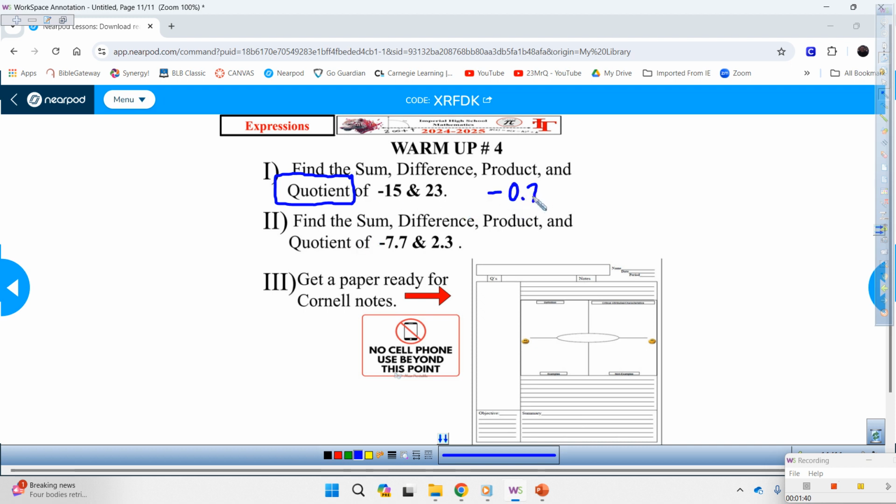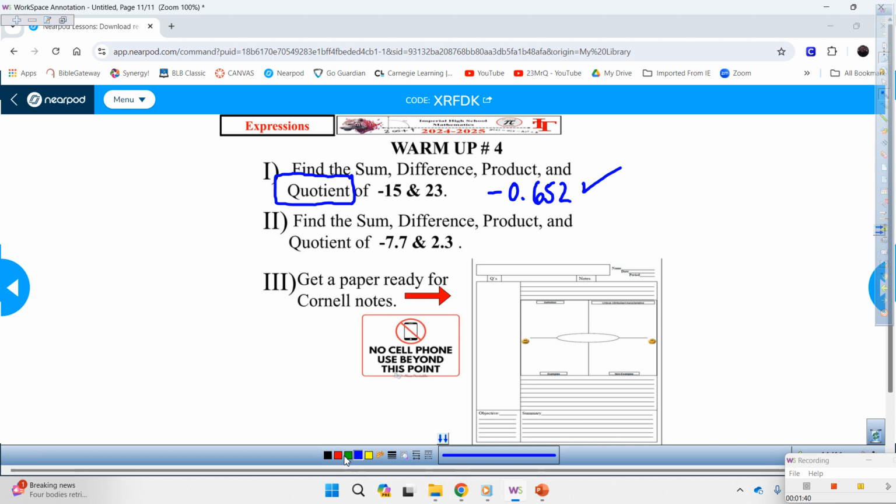Negative 0.75 or negative 3.75, you said? Oh, my bad. Sorry. Oh, 0.652. Hands, if you got something close to that? Looks about right. Let's go. Oh, yeah, we got this.